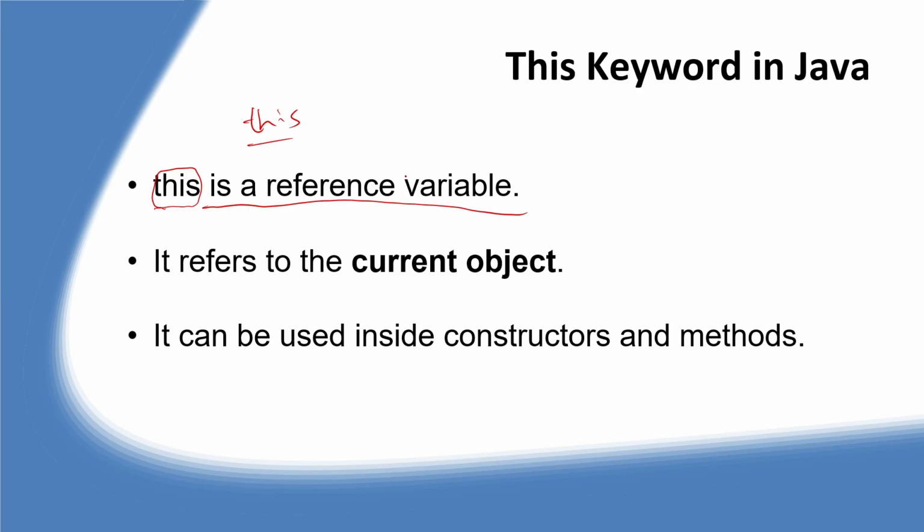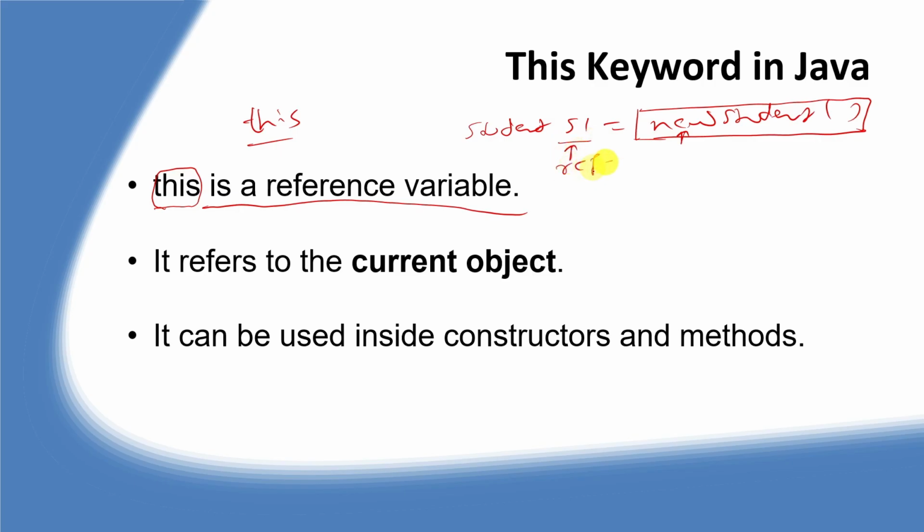As we already know about reference variables, let's say Student s1 equals new Student. This is an object since we are using the new keyword, and this is the reference variable, because this variable is referring to an object.